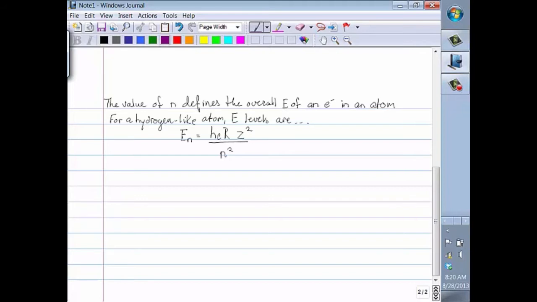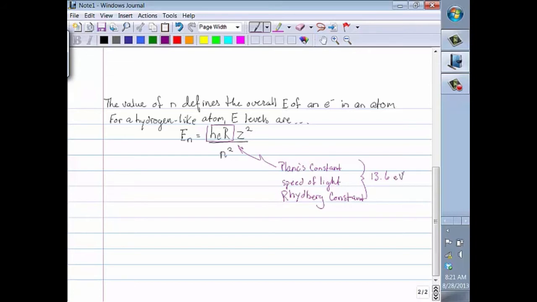So what are these? This hc R may be familiar to you. It may not be. h is Planck's constant. c is the speed of light. And R is the Rydberg constant. It's not the function R that we were just talking about. You can look up these values in your textbook, but I'm going to tell you what they are. Together, they add up to 13.6 electron volts.